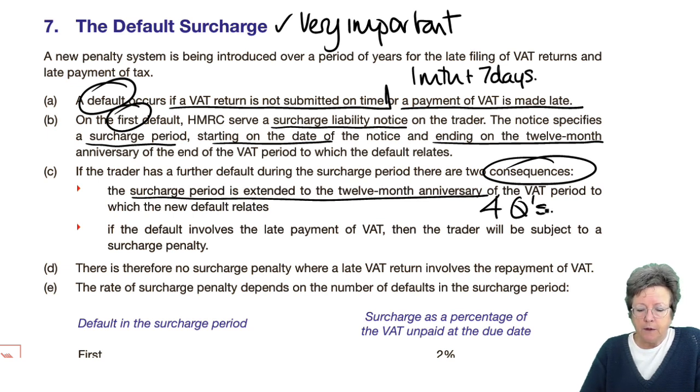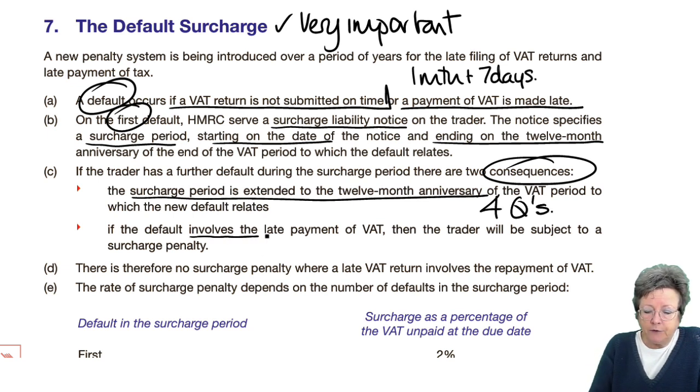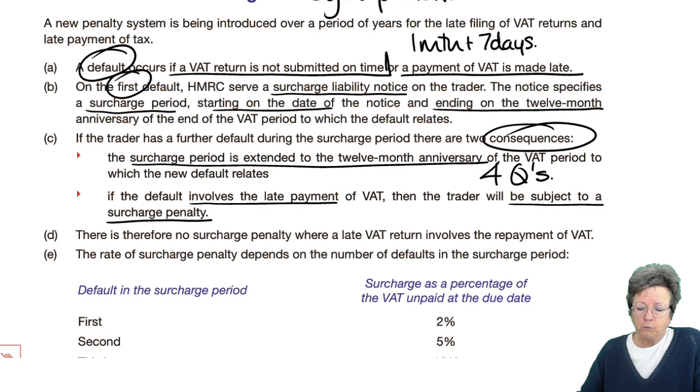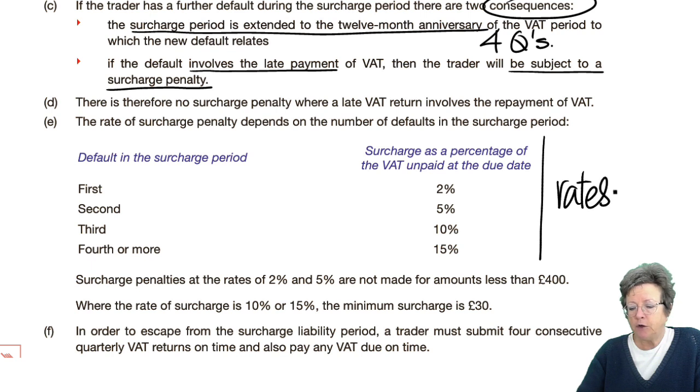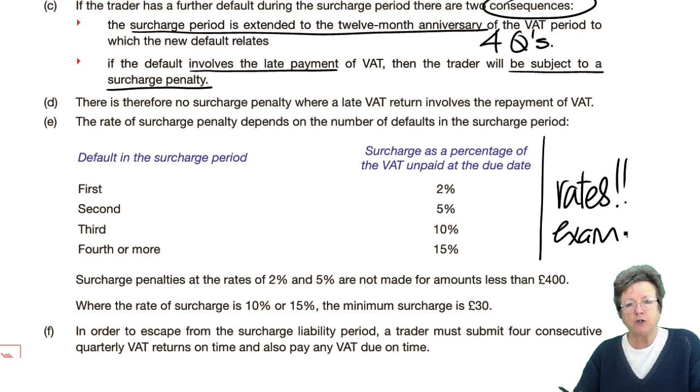Okay. Then if it involves late payment, then you will be subject to a surcharge penalty. These are the rates. They will be given to you in your exam. Please make sure you're aware of them. So the first surcharge period, the default in that surcharge period.